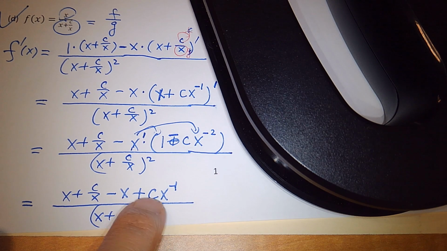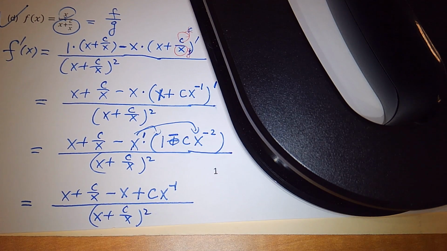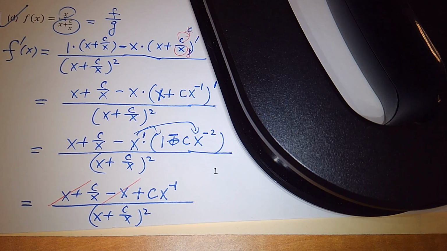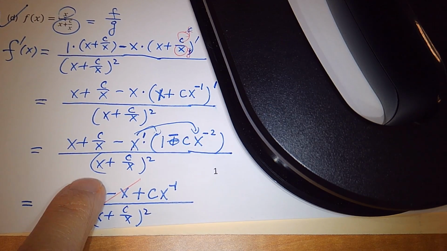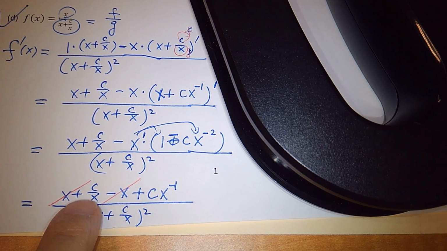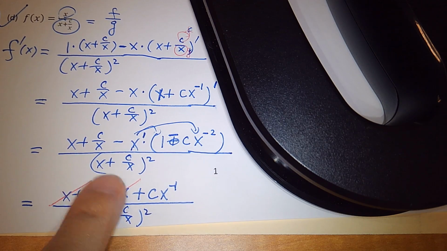So now let's simplify the top. The x is cancelled. We have c over x plus what? c over x, right? Because c times x to the negative 1 is c over x. So it's 2c over x on the top, right?